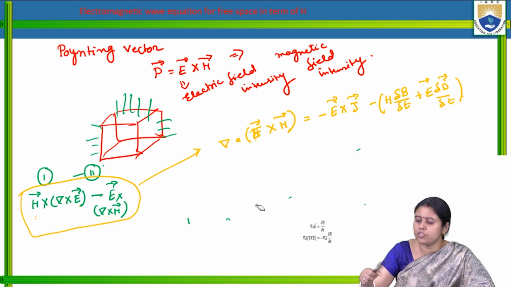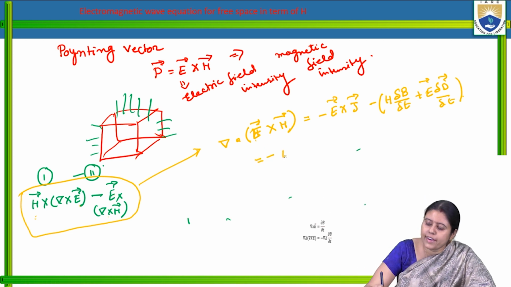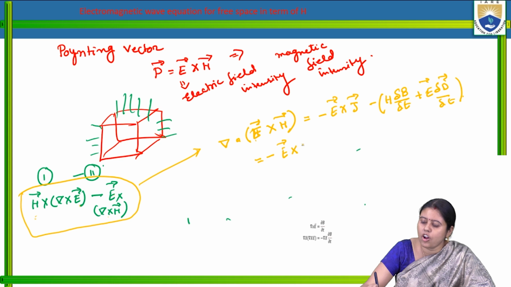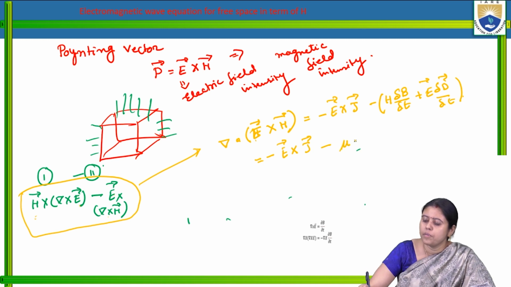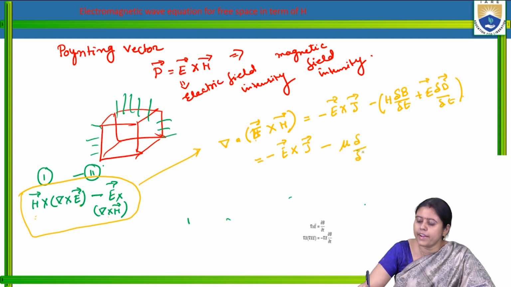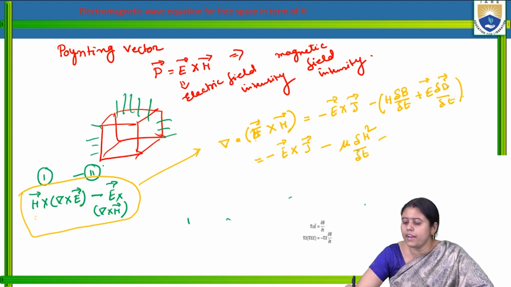So this line can also be written as minus E cross J minus, what is the meaning of H? B is equal to mu H. So we can write mu by del T, mu H means H square. Similarly, what is D?